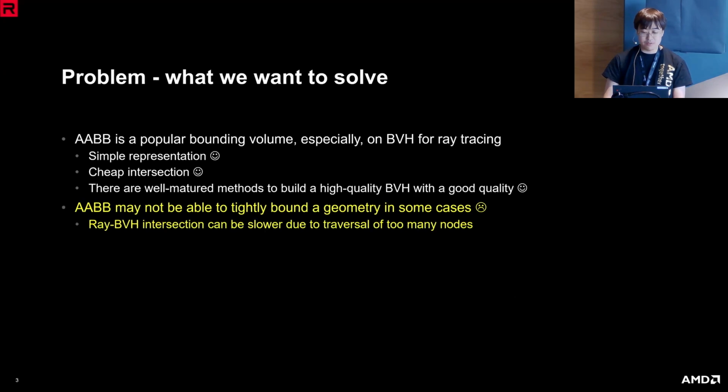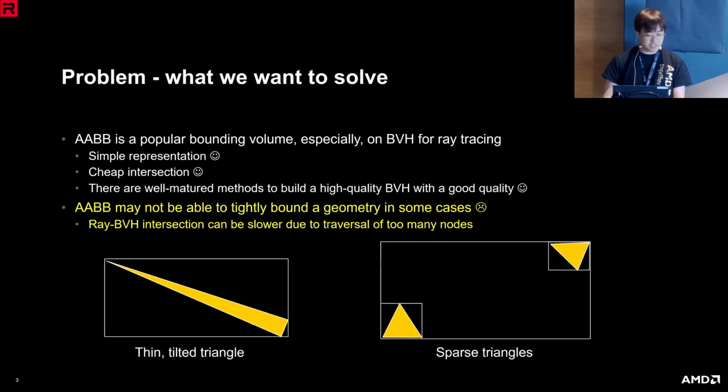However, AABB may not be able to tightly bound geometry in some cases. For example, like this. Thin and tilted triangle on the left or sparse triangles on the right. As you can see, there is so much empty space, which causes a lot of false positive hits during BVH traversal.